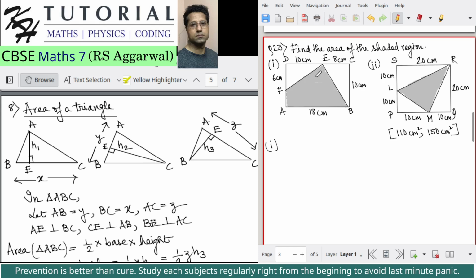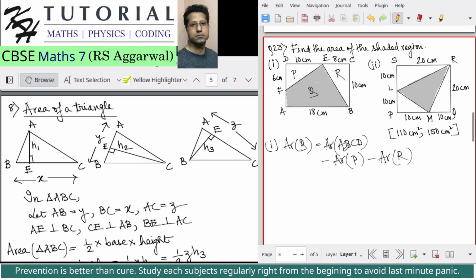Just for the sake of visual understanding, let's denote the triangle DFE by P, the shaded region by Q, and the other triangle by R. So in part 1, clearly the area of Q, which is the shaded region, will be the area of the entire rectangle ABCD minus the area of the figure P, which is a triangle, minus the area of the figure R, which is also a triangle.